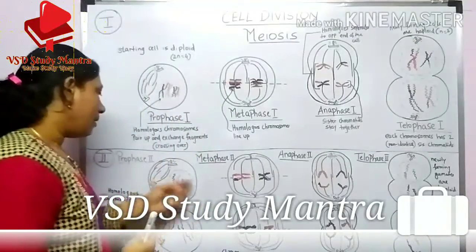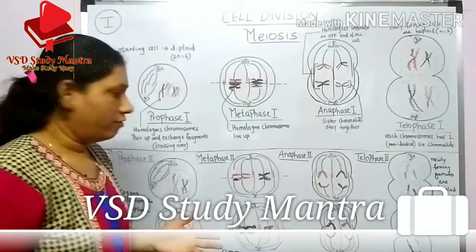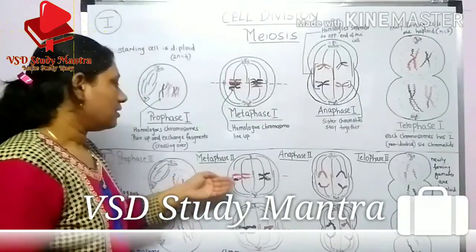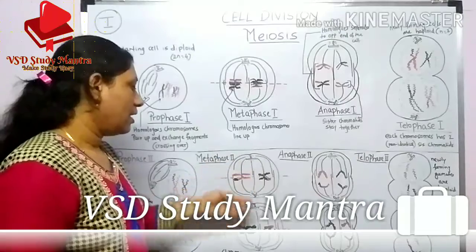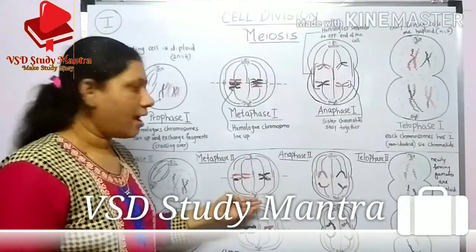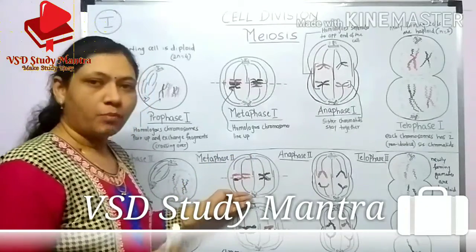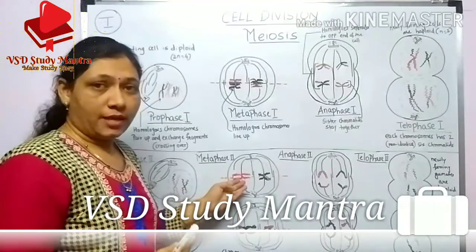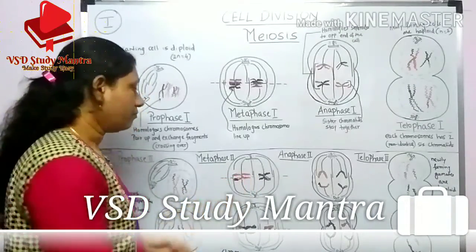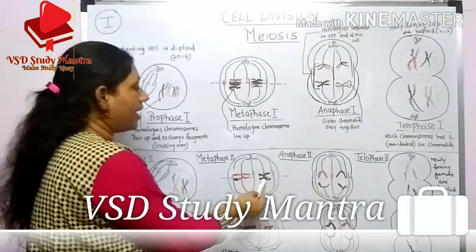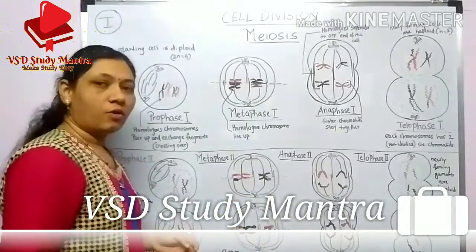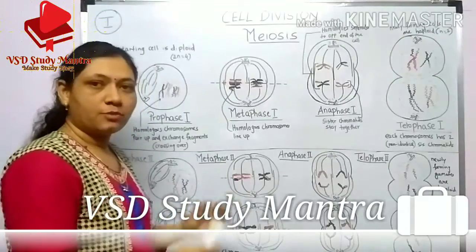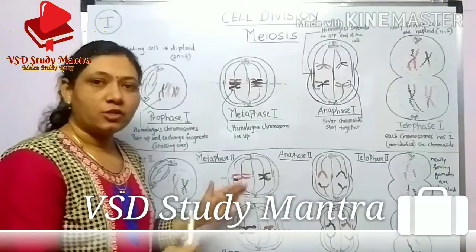The nuclear membrane starts to dissolve, and in metaphase, the same process: centrioles go to the poles, and spindle fibers are attached to the centromere and the chromosomes are lined up. This process is metaphase 2.